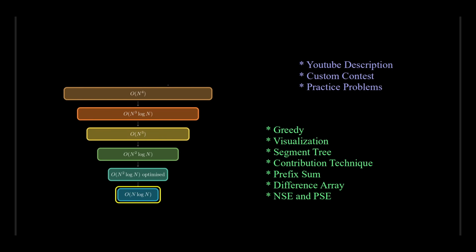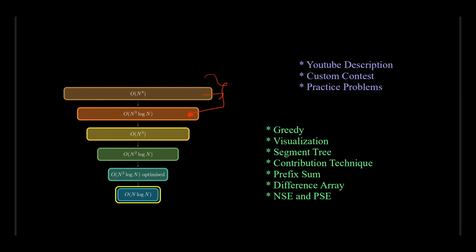Like we started with a very simple greedy approach, then we saw how it worked for a single entry, then it did not work for k operations. Then we made it work by trying to do some operations ourselves and then visualizing what happens. Then we optimized it to n cube log n via segment tree at coder library.